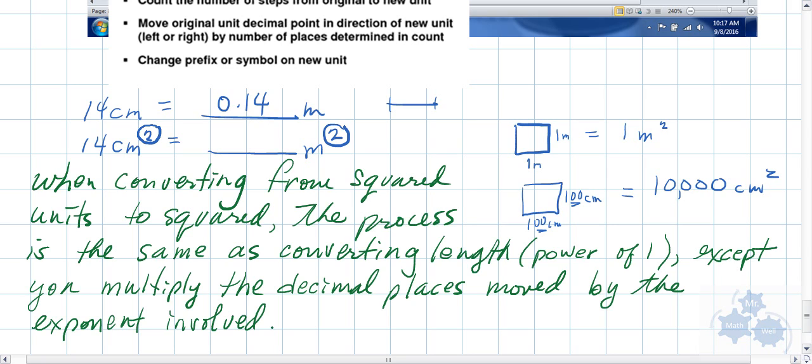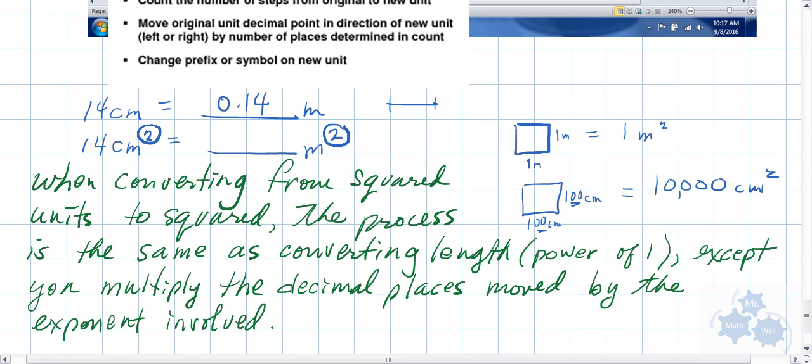When converting from squared units to squared units, for example, the process is the same as converting length, the power of 1, like centimeters to meters. It's the exact same, except that you multiply the number of decimal places that you would normally move by the exponent involved.